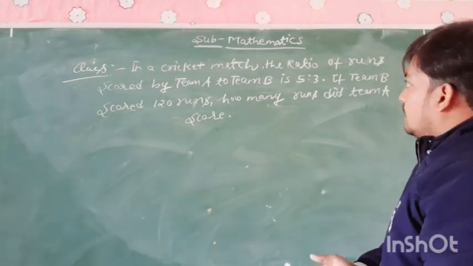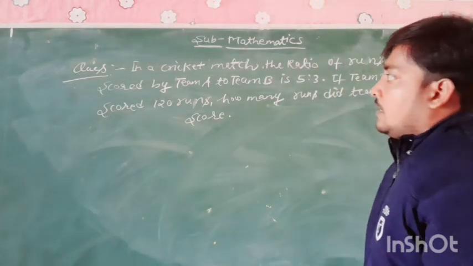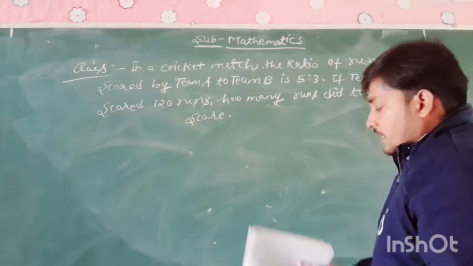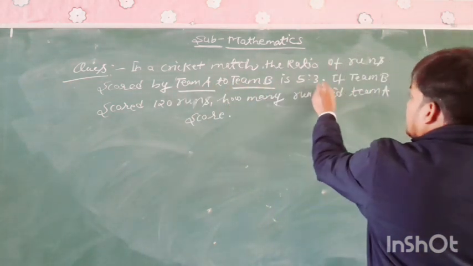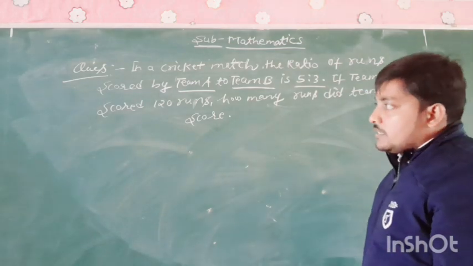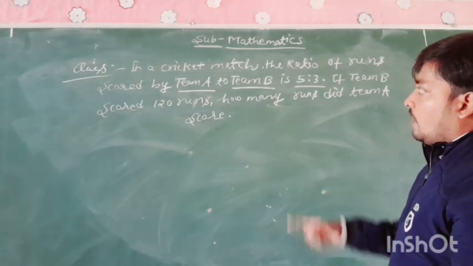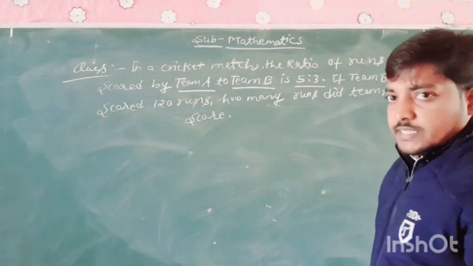And in this problem the ratio of runs scored by team A and team B is 5:3. So again we have to let the common ratio of the given ratios be x.